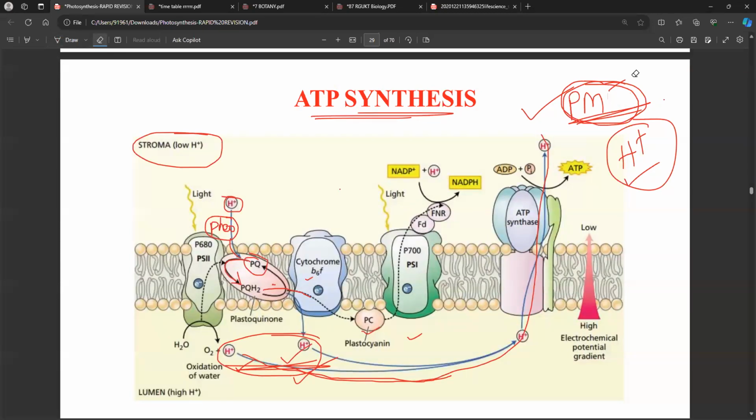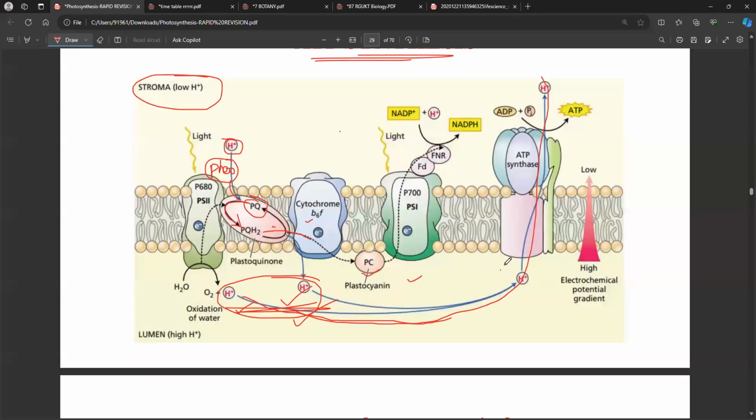How are they moving? You look into this. Protons always move in the form of a wave, like this. Whenever the protons move in the form of a wave, it generates energy. I'm using the word generate, okay? So friends, who will use that energy? That energy can be used by ADP and Pi, and it can give rise to ATP.